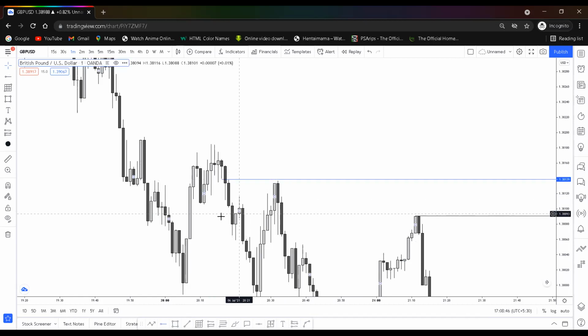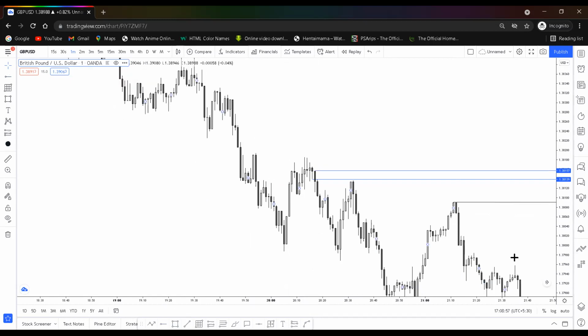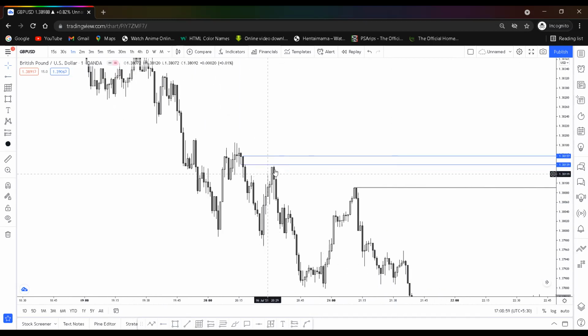And now you see what the inducement is. This is the inducement. This becomes the inducement now, because I told you this is a major high now on the 1 minute time frame. It goes lower highs, lower lows, lower highs, lower lows, like that.